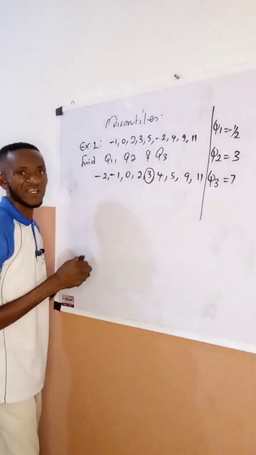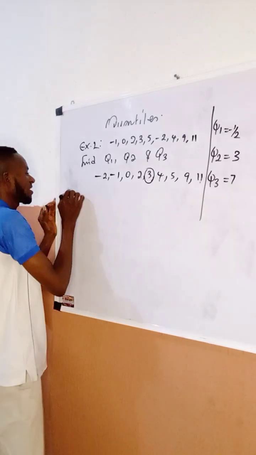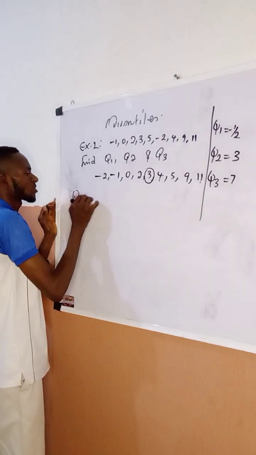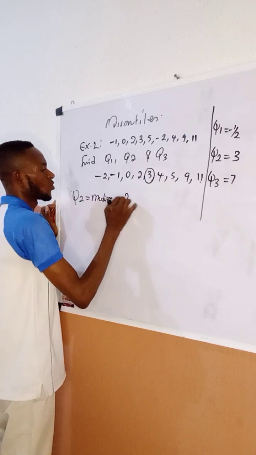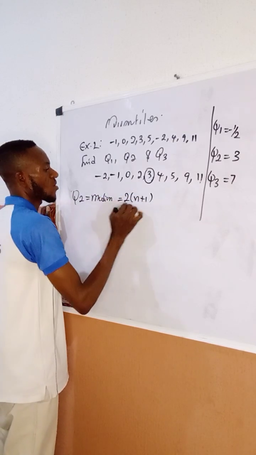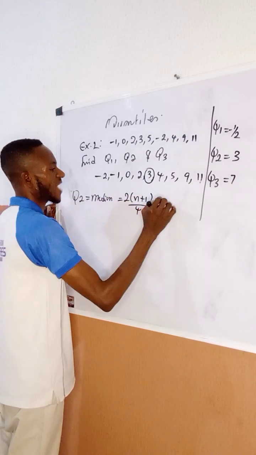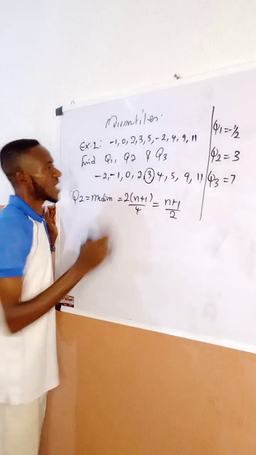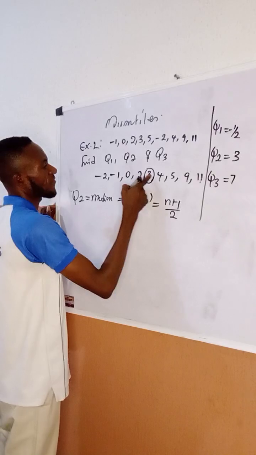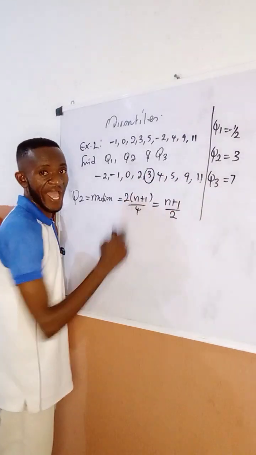Okay, so I'm going to use the formula method. I will say that my Q2, which of course is the median, is given as 2 into n plus 1 all over 4, which is the same thing as n plus 1 all over 2. Our n here is 1, 2, 3, 4, 5, 6, 7, 8, 9. N is 9.